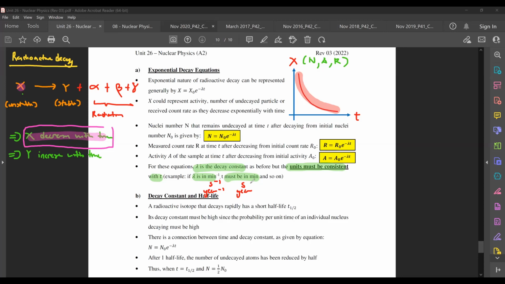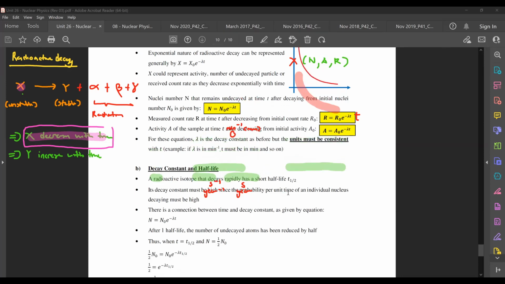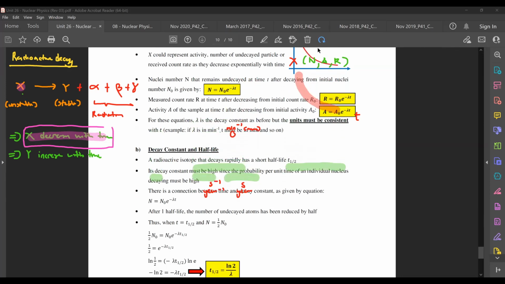You don't necessarily need to use SI units, just make sure the units are consistent. The reason is that the units will cancel off. If this one is per minute and you multiply with minutes, the units cancel off. That's why it doesn't matter whether it's in SI units or not. It must be consistent so that eventually the units cancel each other off. Okay, so that's for that.